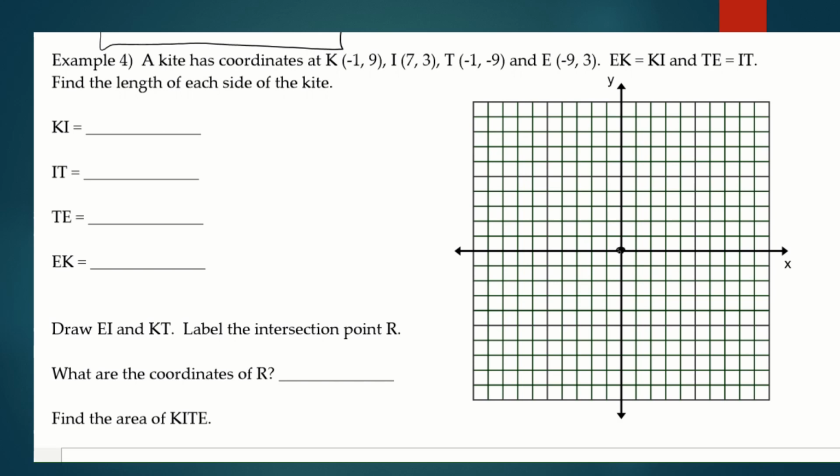So starting at the origin, which is right here, just in case you can't see it well on your screen, let's plot these points. So -1, 1, 2, 3, 4, 5, 6, 7, 8, 9. Here's point K. I is at 7, 3, 1, 2, 3, 4, 5, 6, 7, 1, 2, 3.